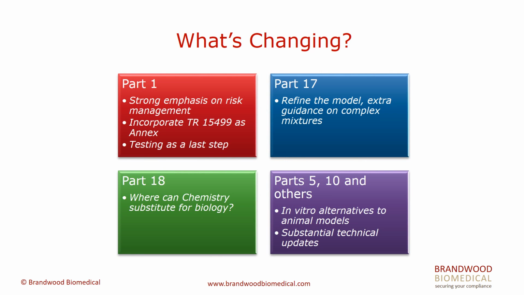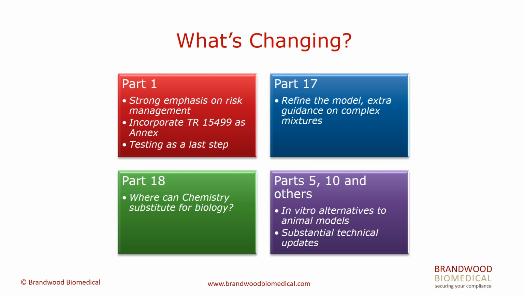What's actually changing? Part 1 will incorporate that risk management annex and continue to emphasize the role of risk management in evaluation. Part 17 is undergoing a major revision where the model for determining allowable limits of eligibles will be refined, and doing things like adding extra guidance on complex mixtures.